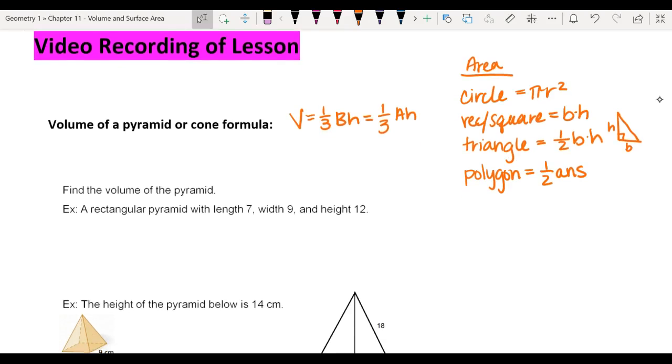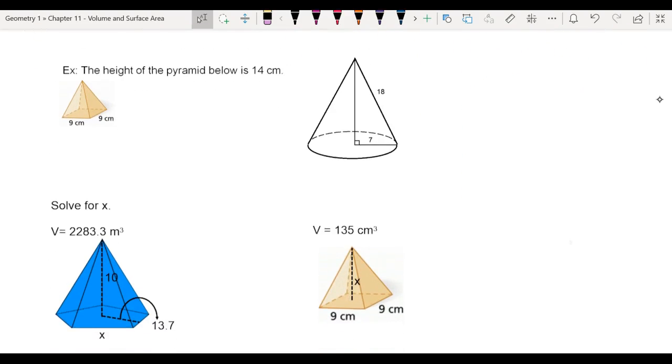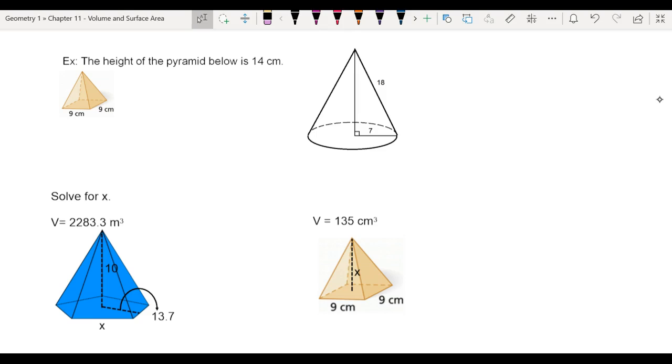So, we're going to skip this first one. We're going to jump to the two that have pictures. For this one, it says the height of the pyramid below is 14.